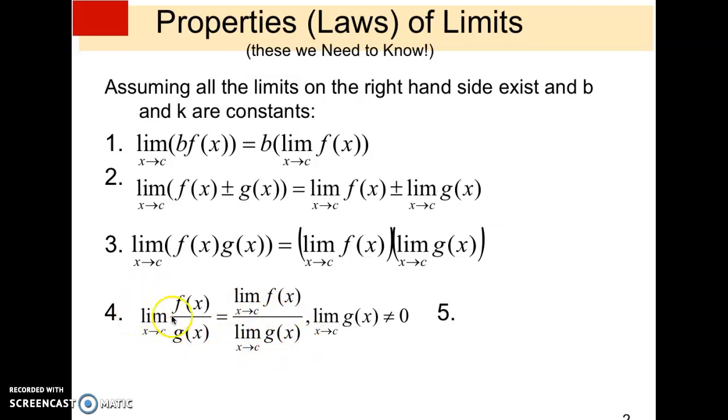So the limit of a quotient of two functions is equal to the quotient of the limits. Again, all of these rules are pretty intuitive, and you'll see how we use them as we move forward.